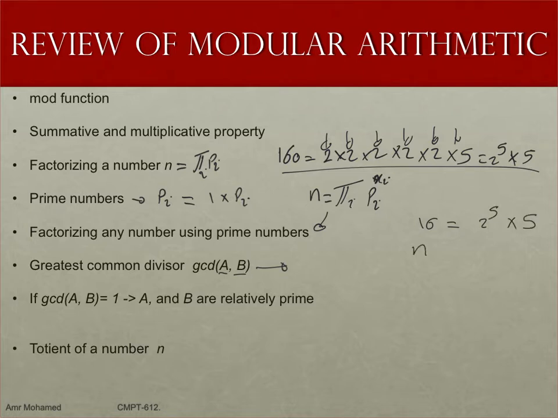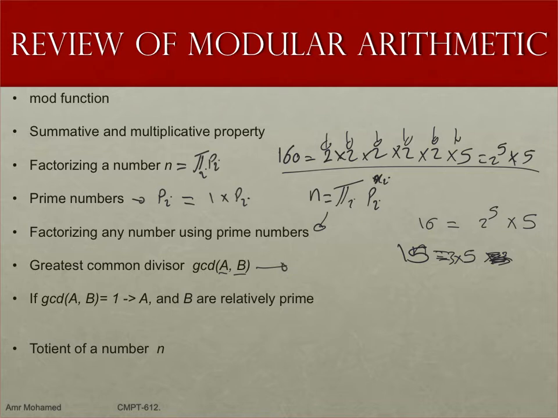Imagine if we have another number, like 3 times 5, which is 15. So what is the greatest common divisor between these two? 5.